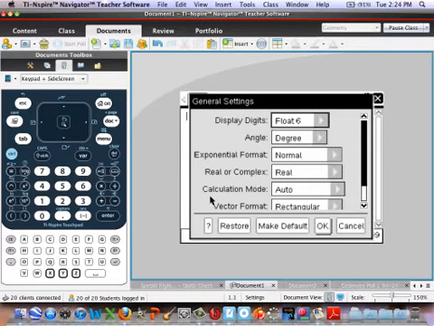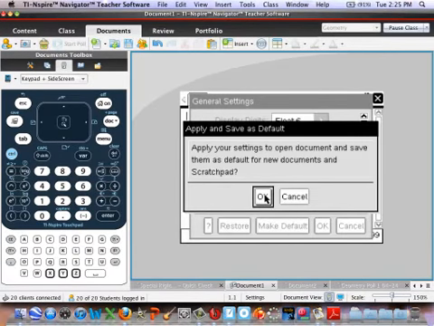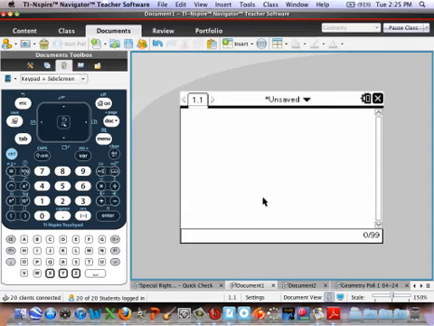Whether you're on Scratchpad or in a new document doesn't matter. And where it says angle, make sure that says degree. That's on radian. Now, to type in 15 sine of 28, you're going to go 15 times.